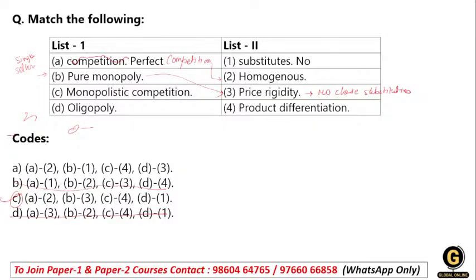A small difference makes the product differentiation. Then in oligopoly there is no substitute, so you can match D with 1. So option C will be the right answer for this question.